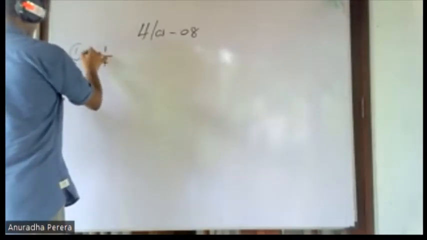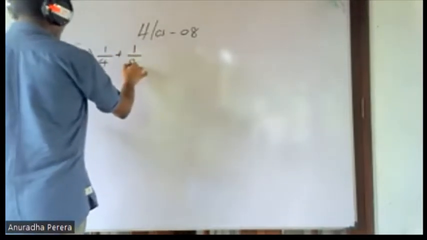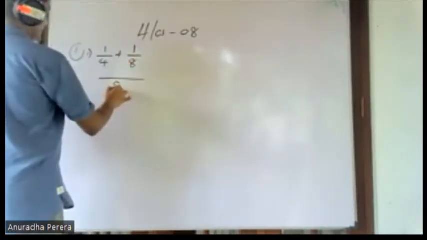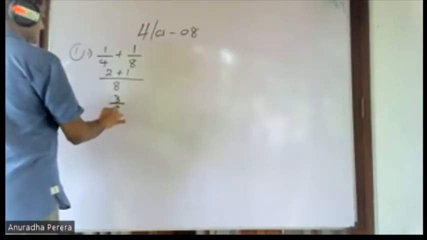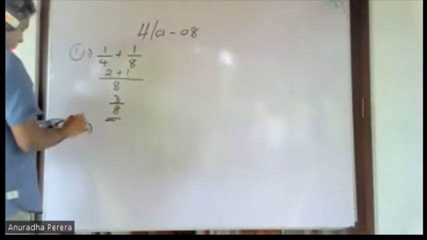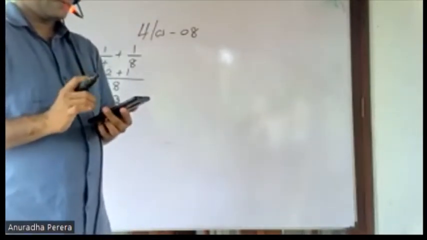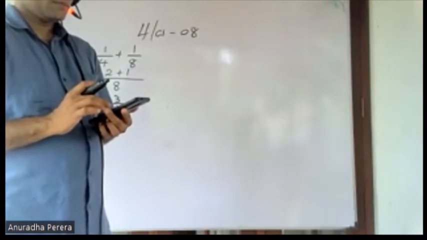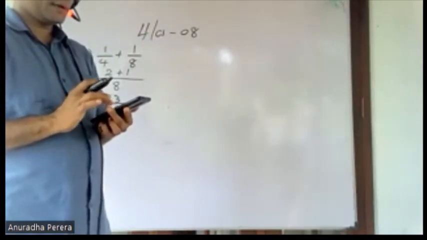1/4 plus 1/8. Common denominator 8. 2 plus 1 is 3/8. What fraction is what of the total amount he spent on both food and other expenses?